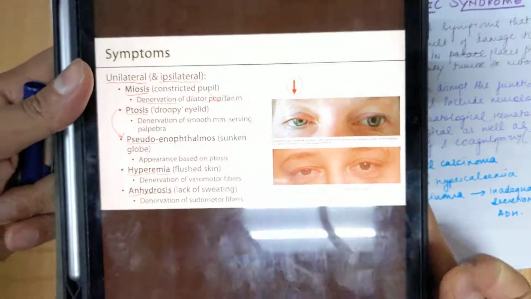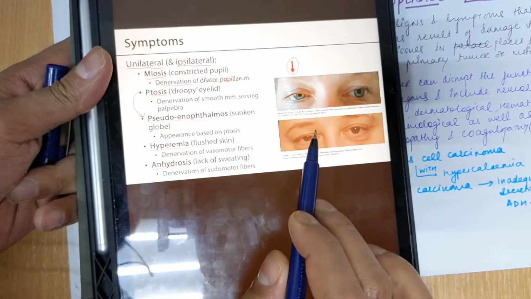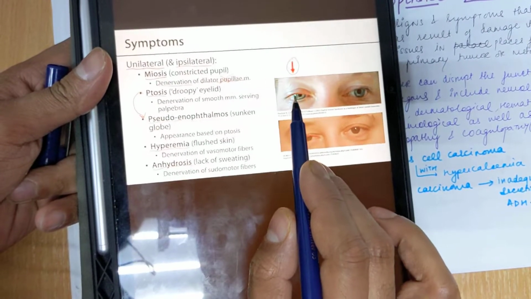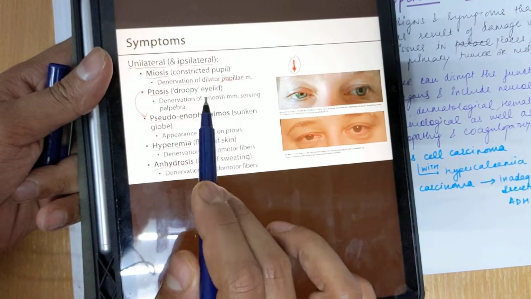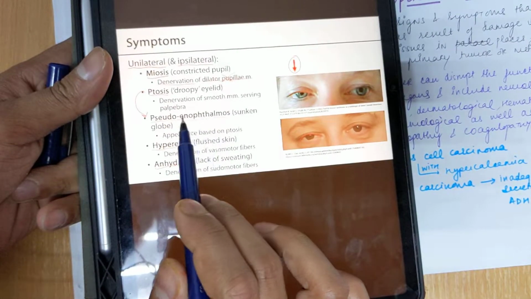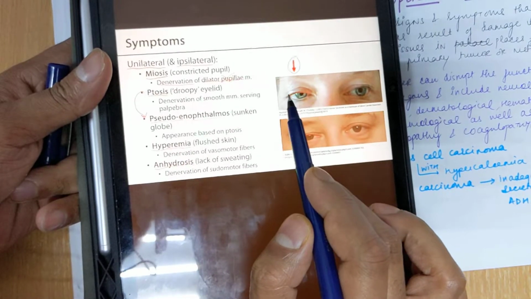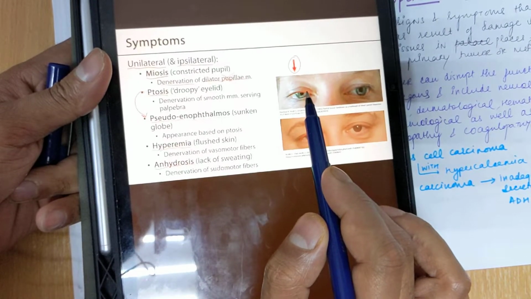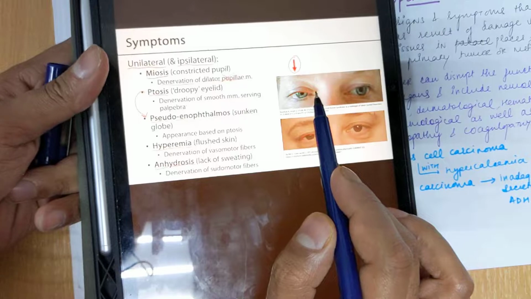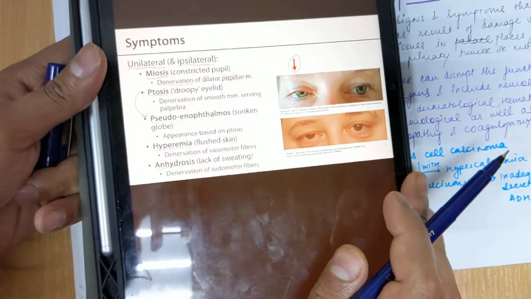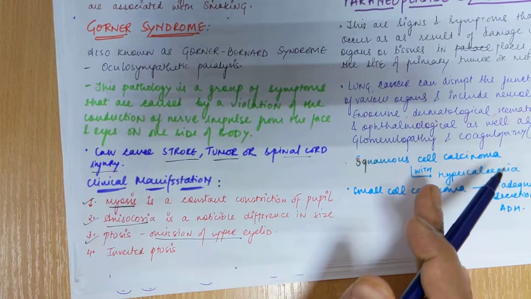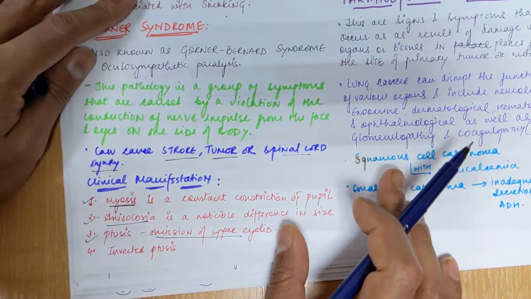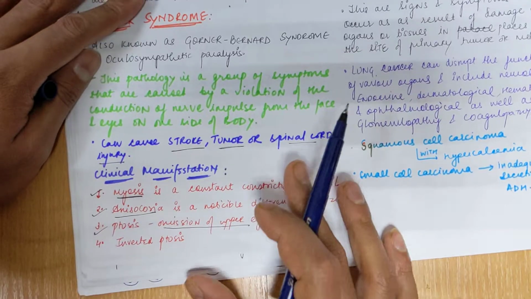Ptosis is a droopy eyelid, denervation of smooth muscle serving the palpebra. This upper part is called the palpebral part, in which we have the palpebral muscle. In that muscle the denervation, that is the nerve impulse, is absent. So that's why this drooping of the eyelid occurs, due to no sensation there.